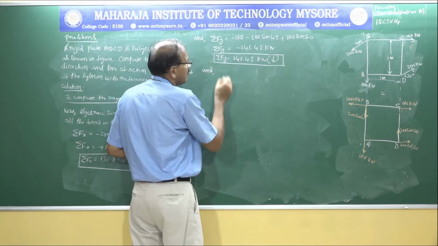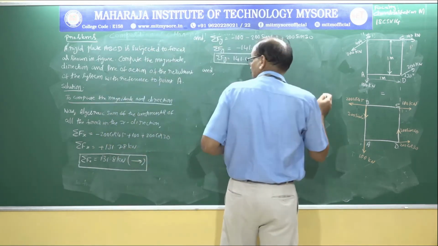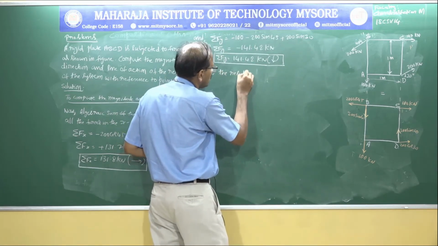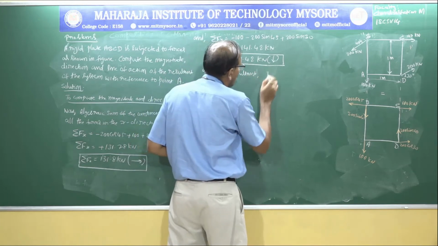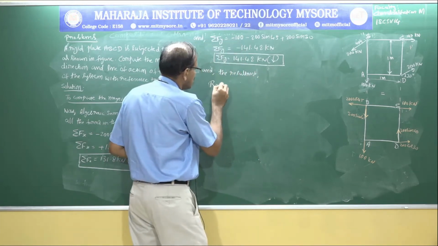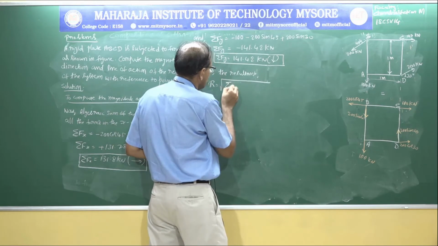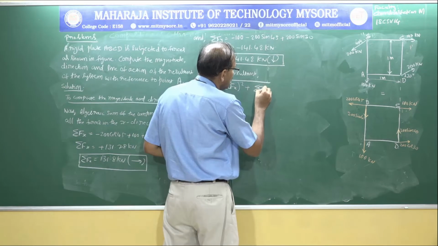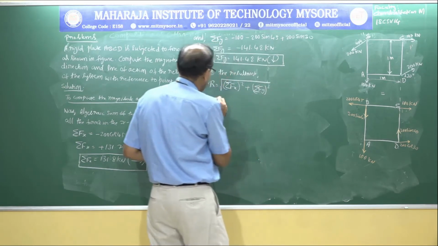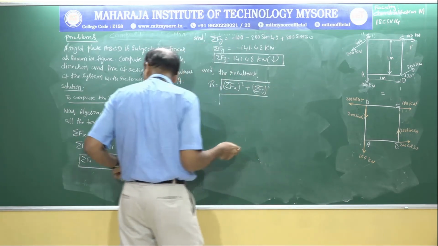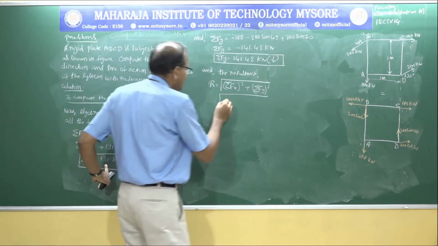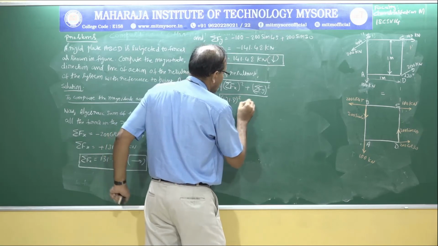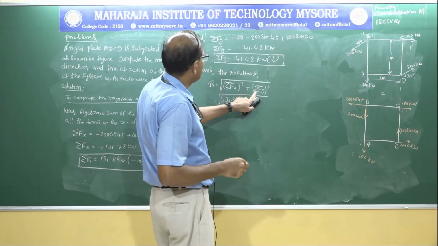And the resultant R equal to square root of sigma Fx square plus sigma Fy square, that is equal to square root of 131.8 square plus sigma Fy square.